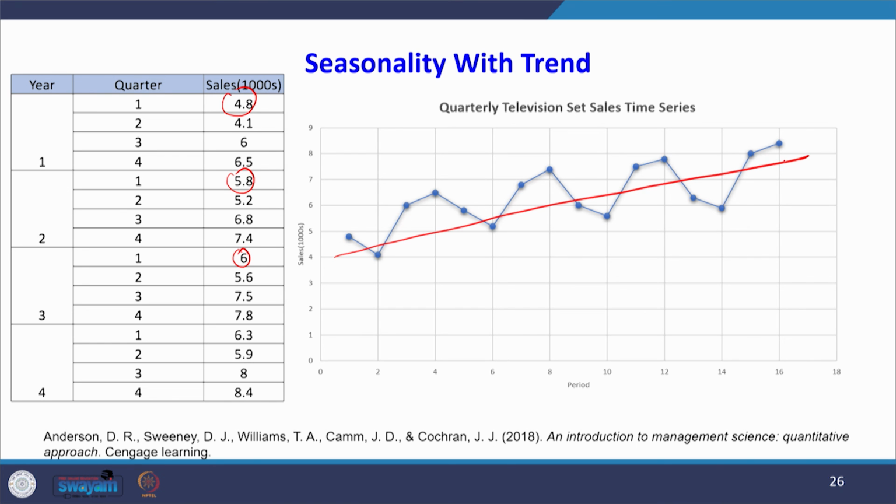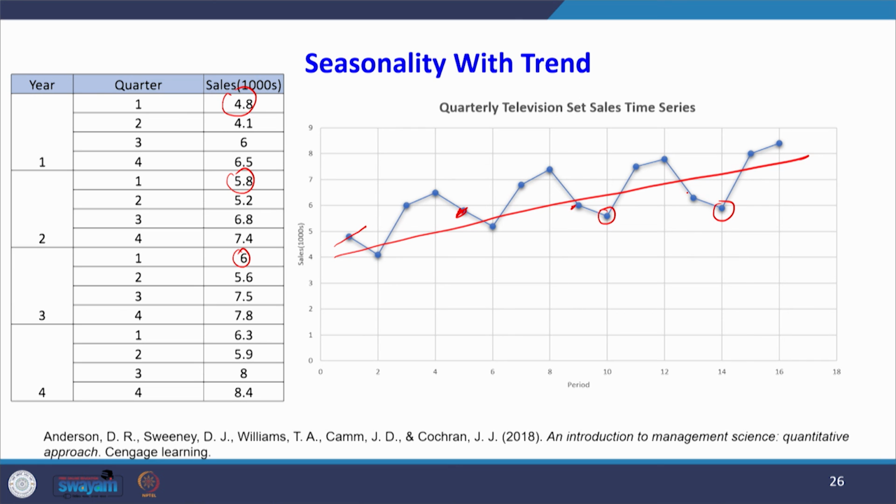So, instead of doing a regression model for the trend data alone, for example, here the quarters go 1, 2, 3, 4, then 1, 2, 3, 4, and so on.